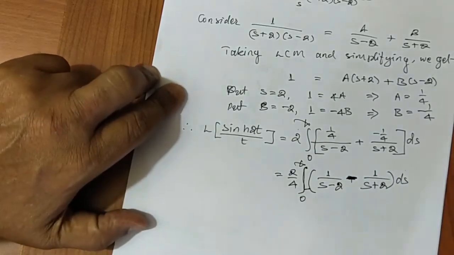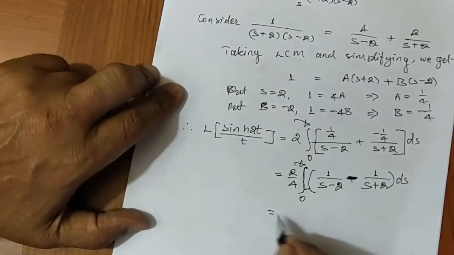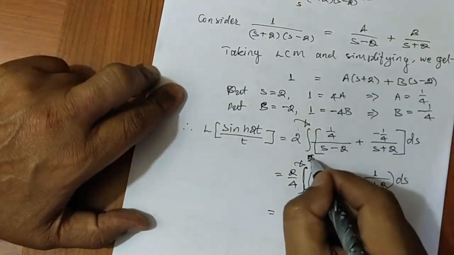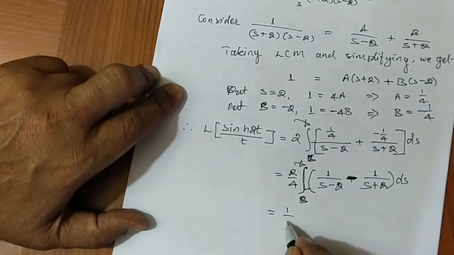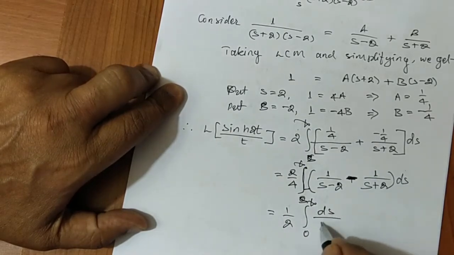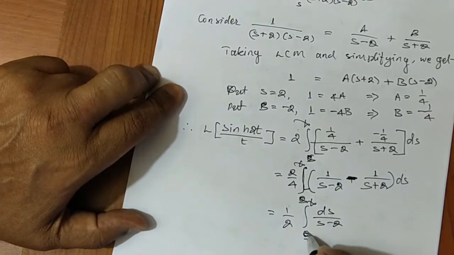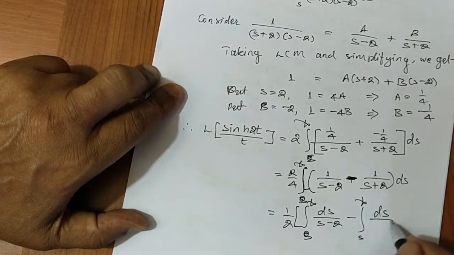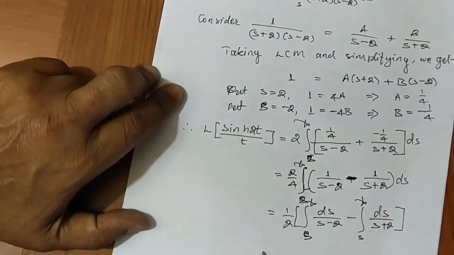I am sorry, the limits are s to infinity. So 2 by 4 is 1 by 2. So it is 1 by 2 times integration from s to infinity of ds over s minus 2, minus integration from s to infinity of ds over s plus 2. Right. So this will be equal to 1 by 2.